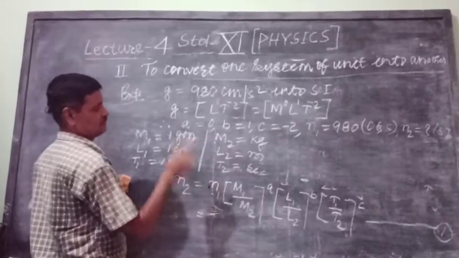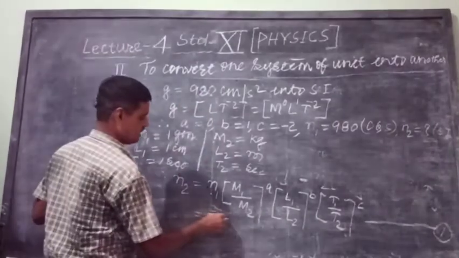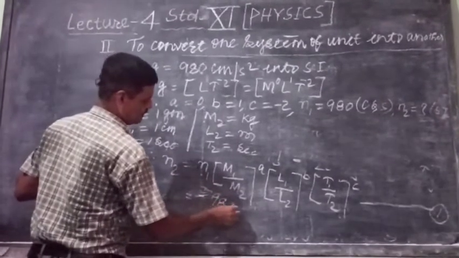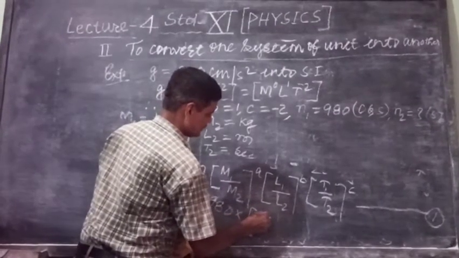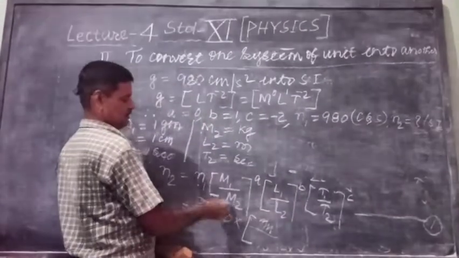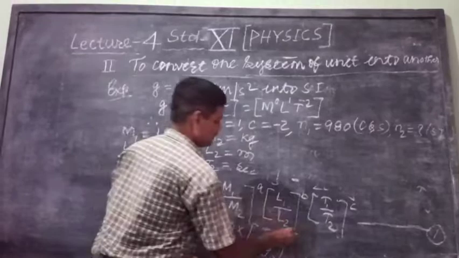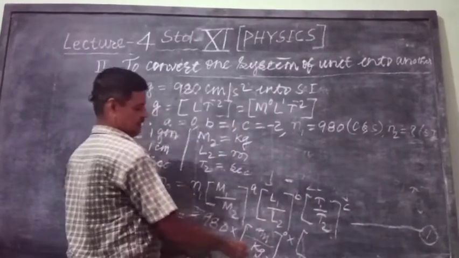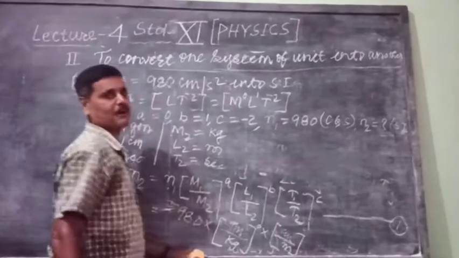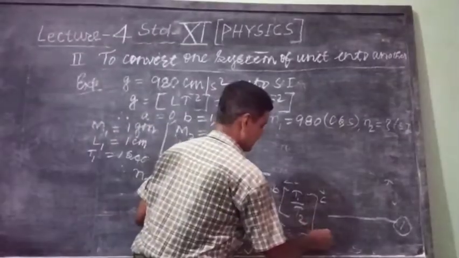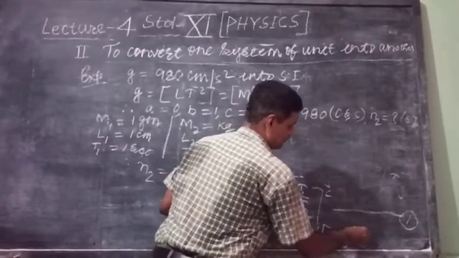The subscript 1 represents the CGS unit. The numerical value is 980 into mass, M1 gram, this is your gram and this is your kilogram, whole to the power a, the value of a was 0, into length in centimeter and this is in meter, whole to the power 1, and time, second by second, whole to the power minus 2.